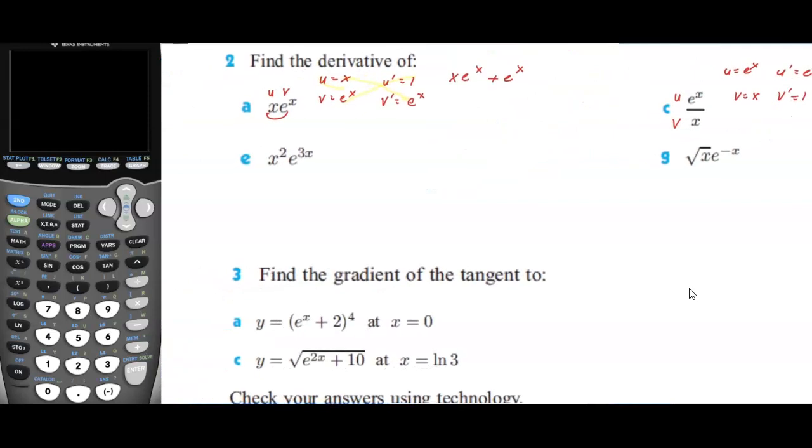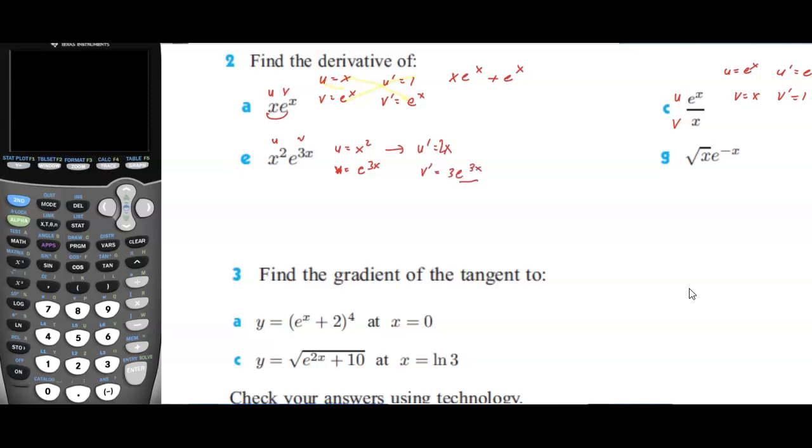x squared e to the 3x. So this is a product. So x squared is u, and e to the 3x is v. So u is equal to x squared. v is equal to e to the 3x. The derivative of u is 2x. The derivative of v is 3e to the 3x.